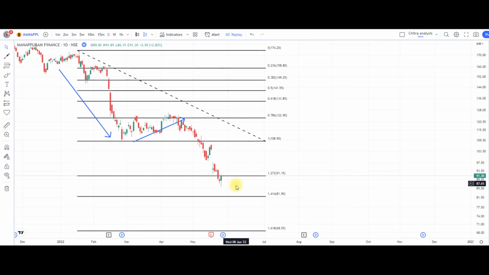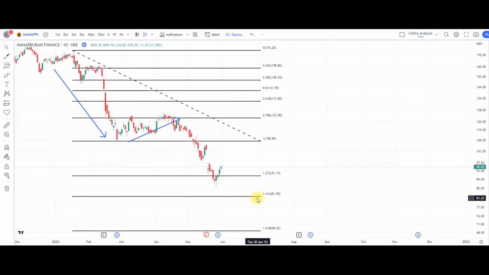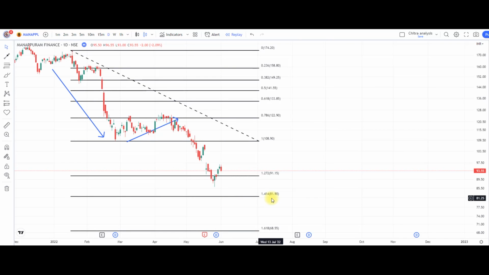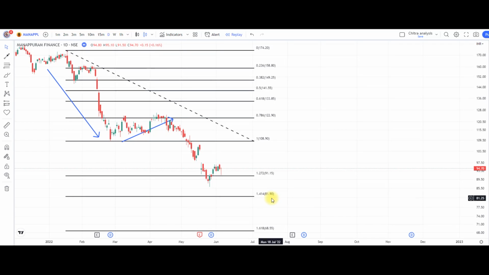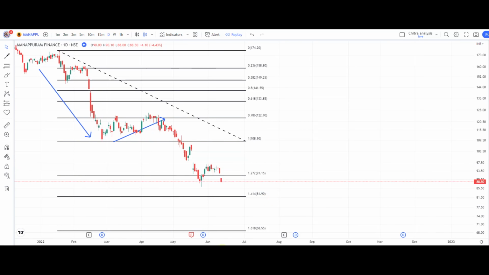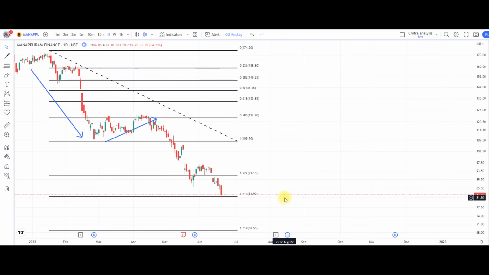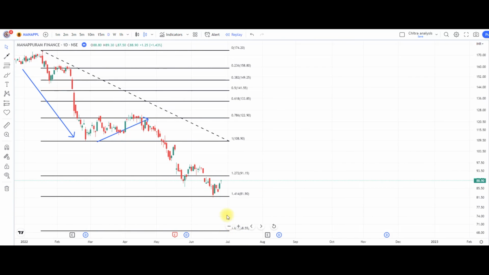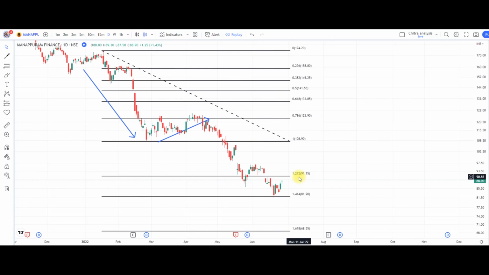First target is achieved. And this is the second target 81.90. So our second target also achieved. Okay. So this is how we need to enter into the short trade.